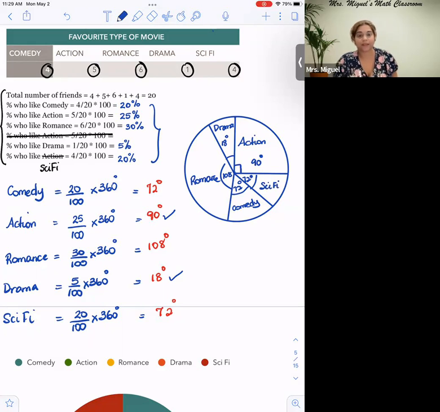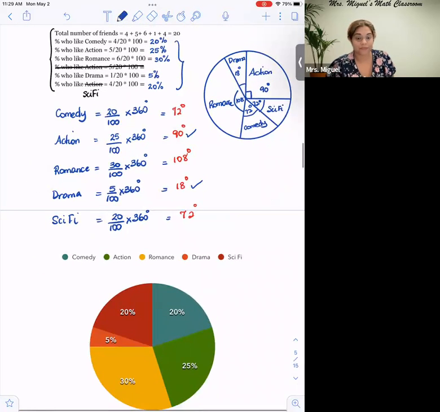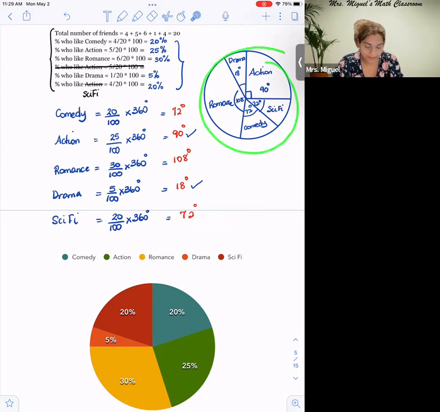Now your pie chart doesn't have to look exactly like mine. It could even look like this one that I have. So notice that my one has angles here. This one on the screen has percentages, which is the same thing because we know the right angle, 25%, was action.